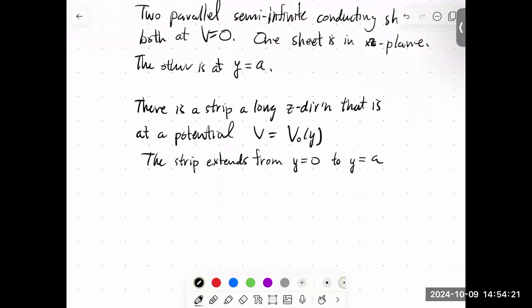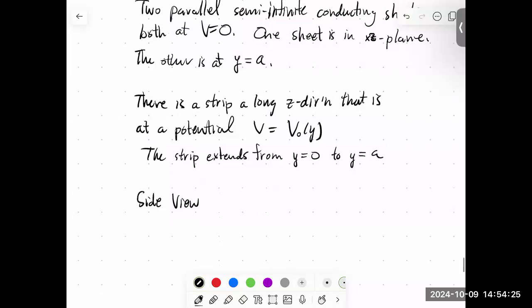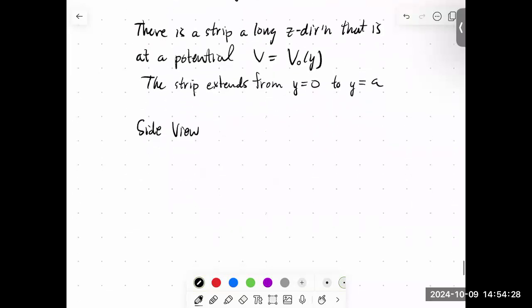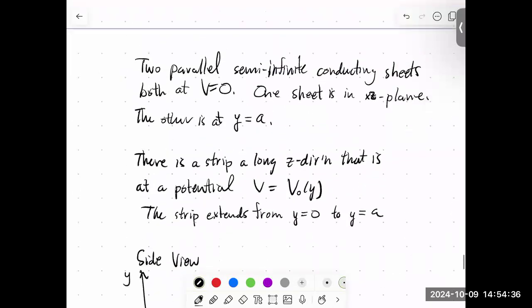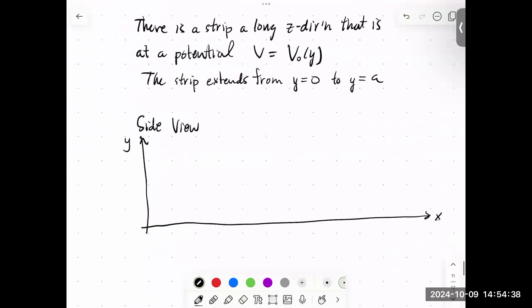Let me just draw a side view in case that picture above is not as clear as it could be. So here's our y-axis. Here is our x-axis. Here's one plane, and this sits at v equals 0.